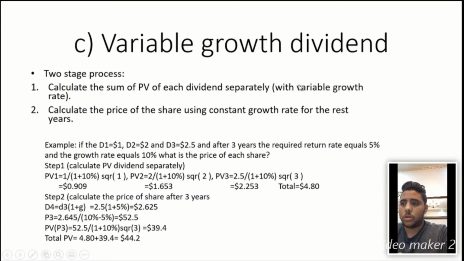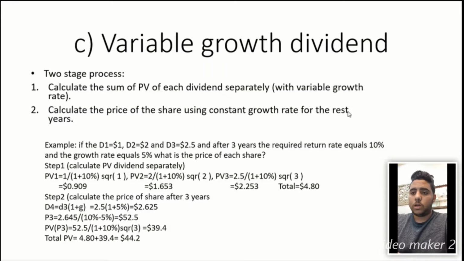Next, we have the variable growth dividend. Thirdly, we have the variable growth rate dividend. It has two stages to get the price. The first stage is to get the PV, the present value for every dividend separately.